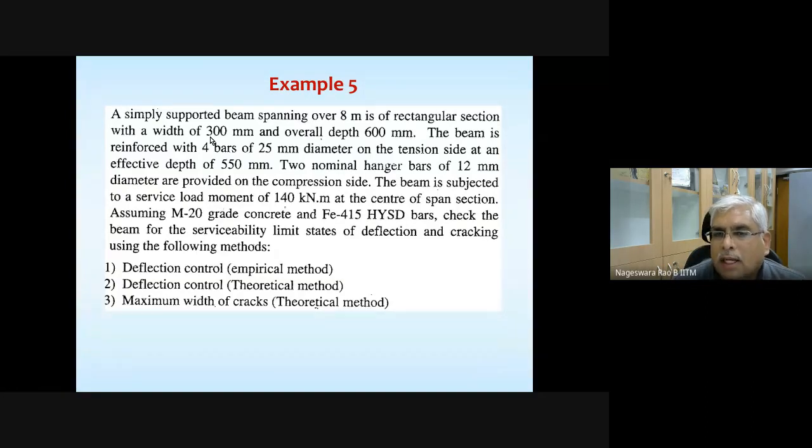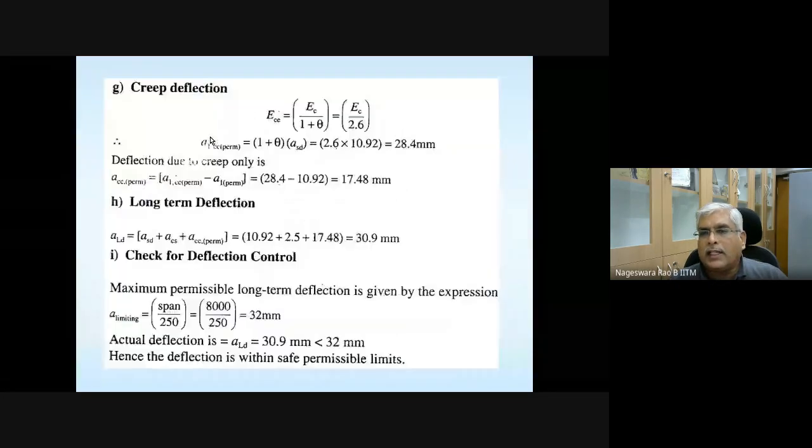And how do you disperse these 4 bars of 25 mm diameter in one line, not in 2 rows but in 1 row? 4 bars means you need to have 3 equal spaces. Here they are dispersed in this manner.